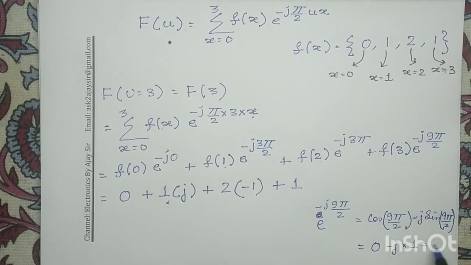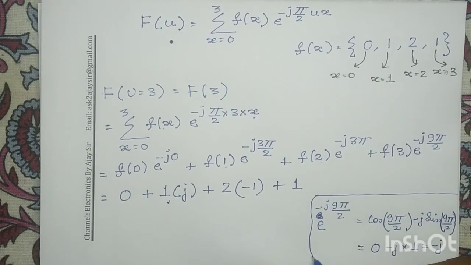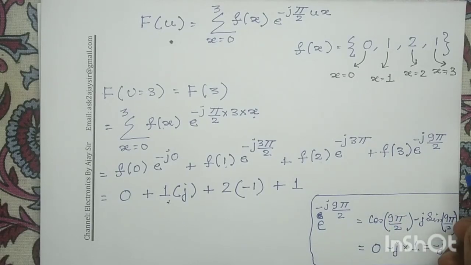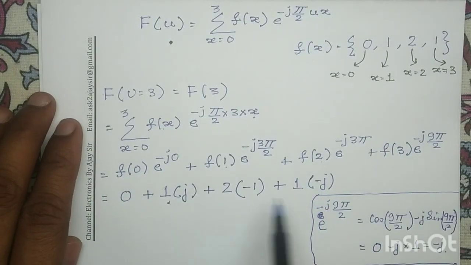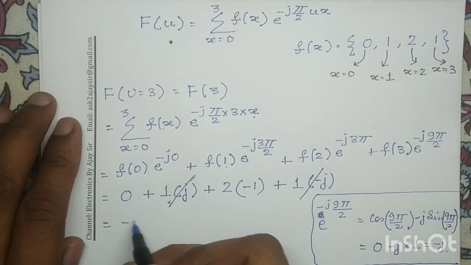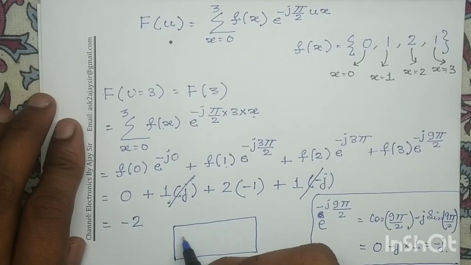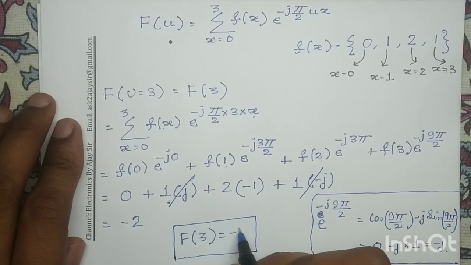So the expression becomes minus j. In place of e to the power minus j 9 pi by 2 we substitute minus j. On simplification, the plus j and minus j cancel out and we obtain the value minus 2. So we have determined F(u) at u equals 3, that is f of 3, is equal to minus 2.